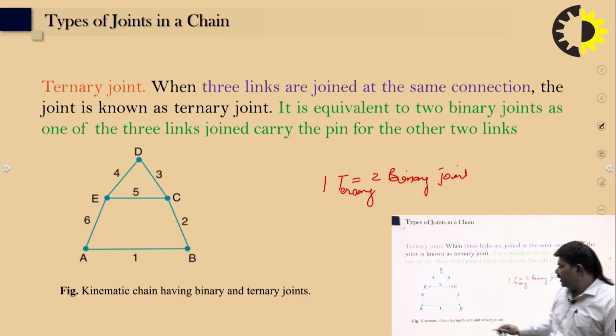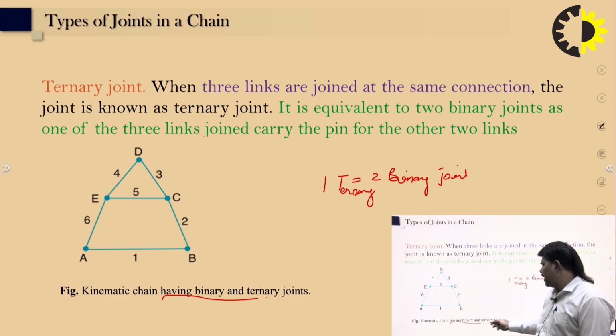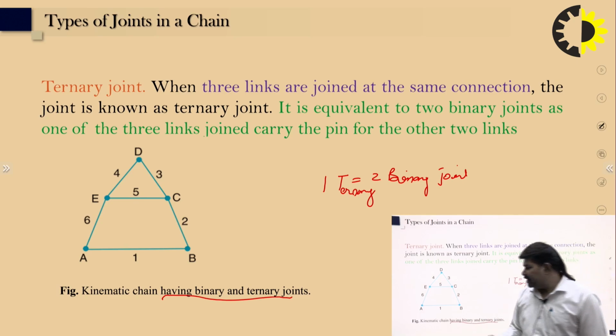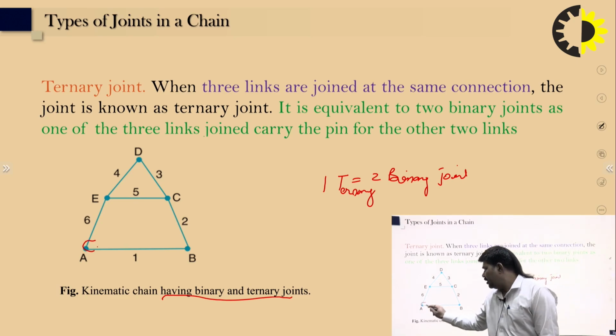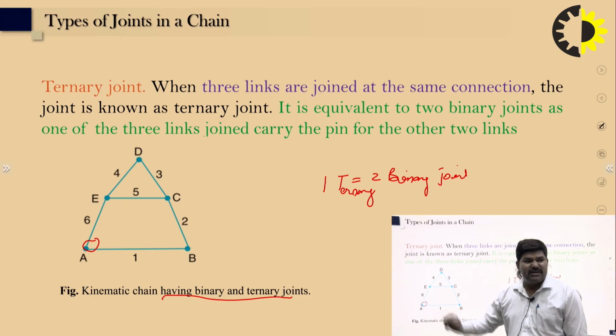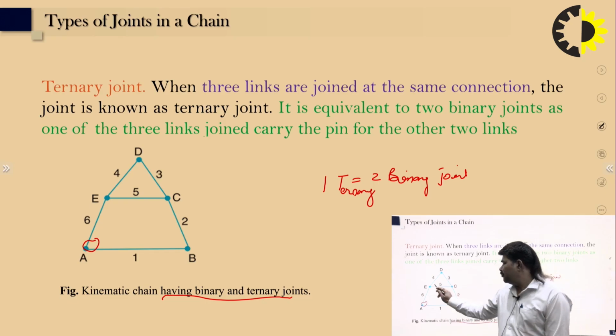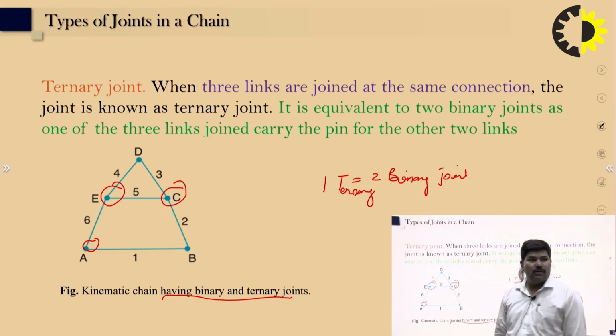So you can see here a kinematic chain having binary and ternary joints.